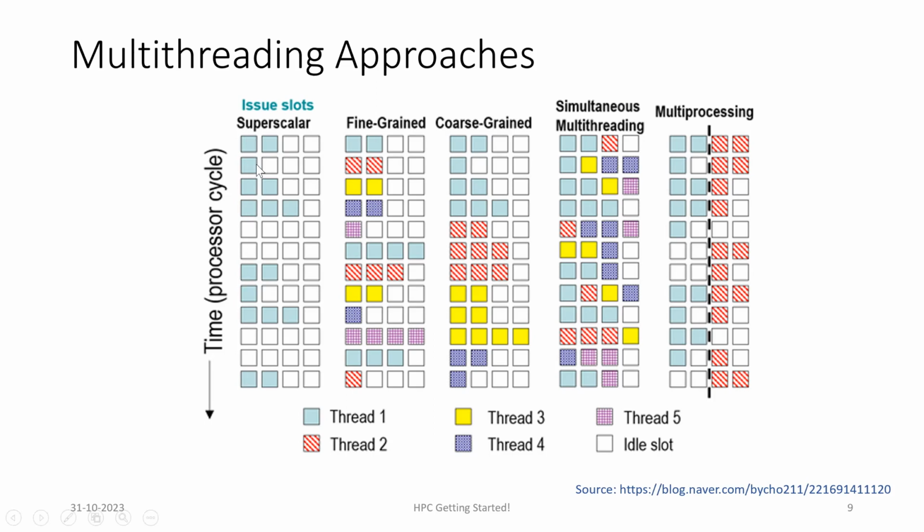Each column pertains to, let's say, one pipeline, for simplicity. So here we have a 4-wide pipeline, and we want to keep all these 4 slots busy every cycle. That is the row: one row corresponds to one cycle after another.